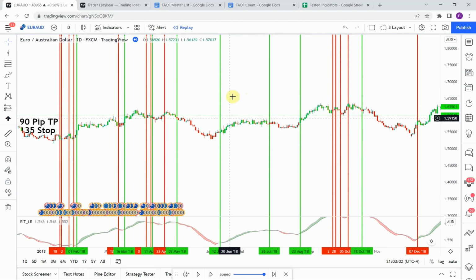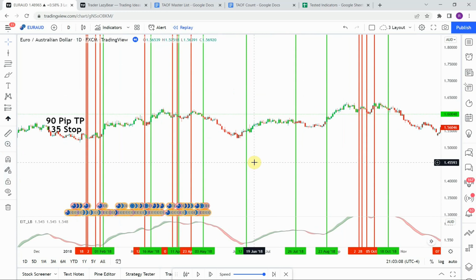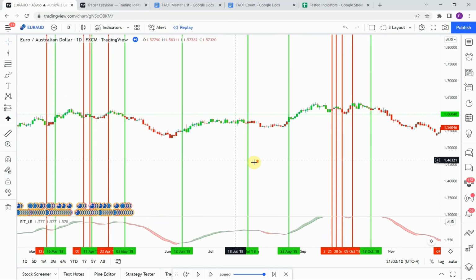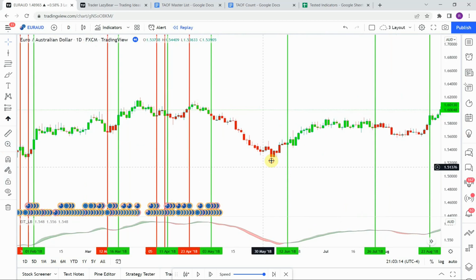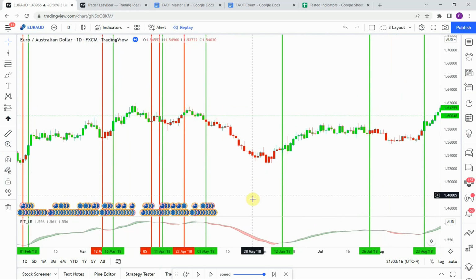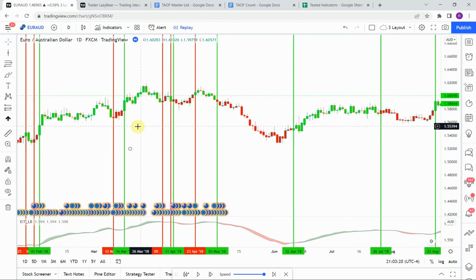This indicator was interesting. It seemed like it lagged quite a bit and just was not able to get its timing correct. It seemed like just as it was giving long signals, price action was going short. Just as it was giving short signals, price action was going long.